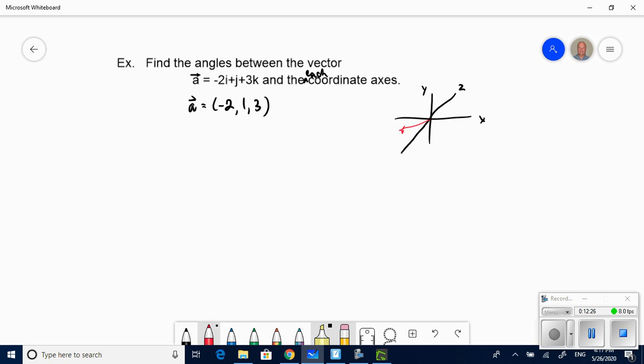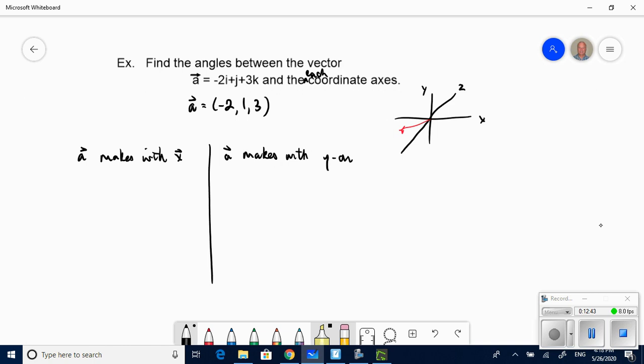And I want to find the angle that A makes with the x-axis, and I want to find the angle that A makes with the y-axis, and I want to find the angle that the vector A makes with the z-axis.